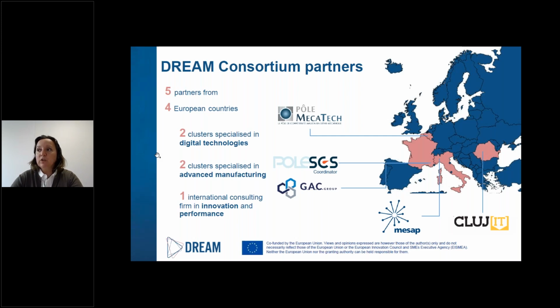We are also 2 clusters specialized in advanced manufacturing, Polmecatech in Belgium and MESAP in Italy, and 1 consulting firm specialized in innovation and performance, GAC Group, based in France. So these 4 entities are your main contact points for the DREAM project and the DREAM Open Call.